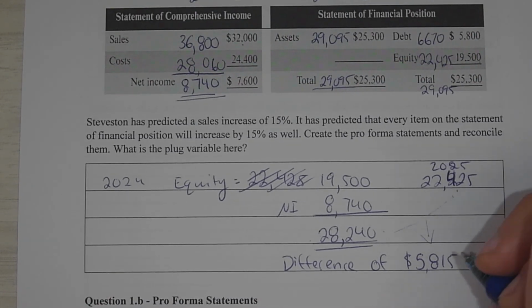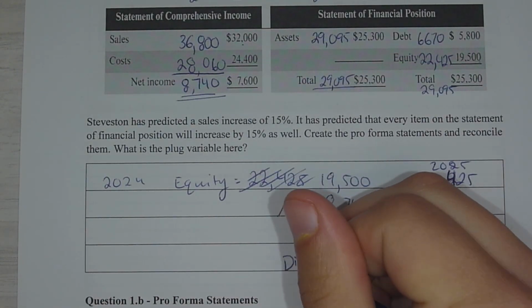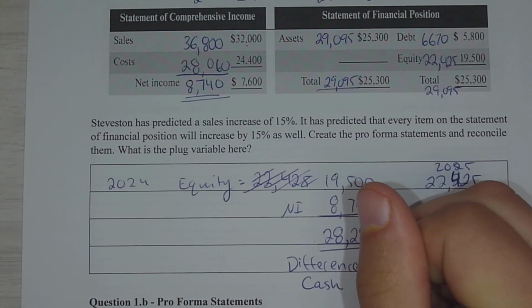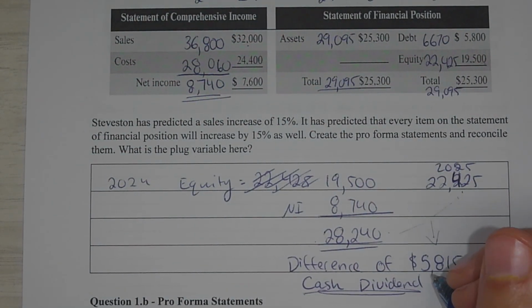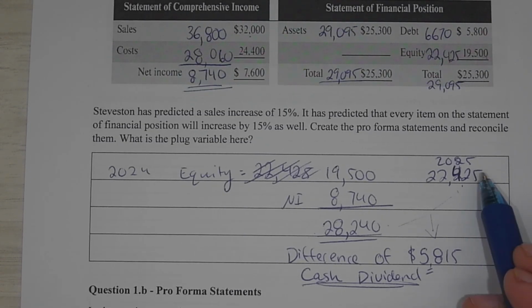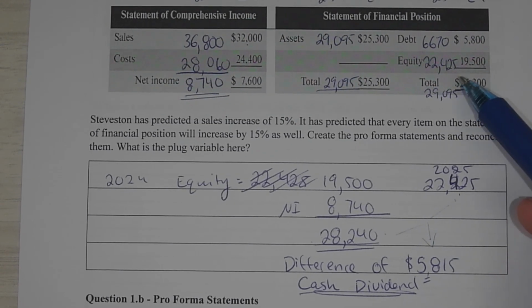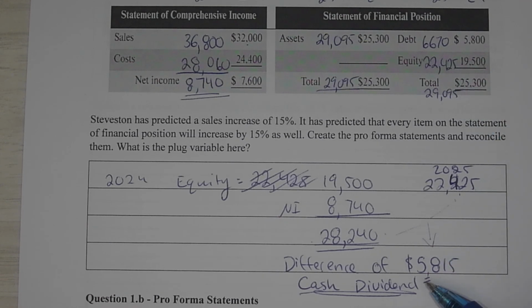And all we have to do is plug it in as a cash dividend. So we have cash dividends of 5,815. So that would reduce our equity by the difference. So now, when you're looking at the pro formas, the equity makes sense. We can say that we paid out $5,800 to do that.